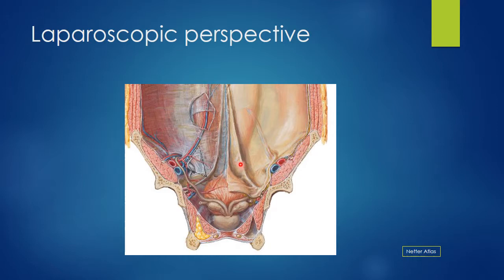This is the medial umbilical ligament, which is the obliterated umbilical artery, and the inferior epigastric artery coming up that way is referred to as the lateral ligament.